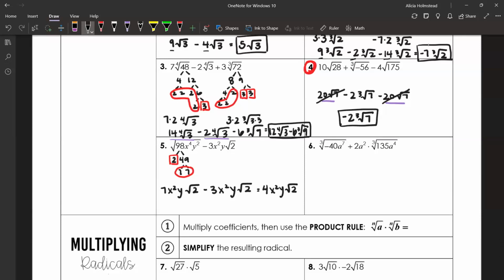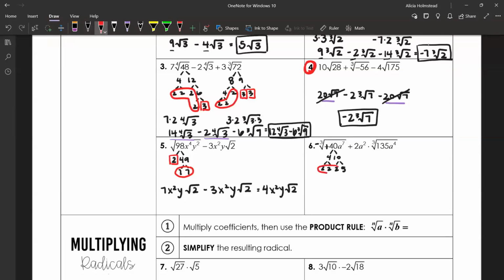Alright, the next one. Interesting. Okay, let's see what happens here. So we'll go ahead and move that negative out front. 40 will break down into 4 and 10. 4 is 2 and 2. 10 is 2 and 5.